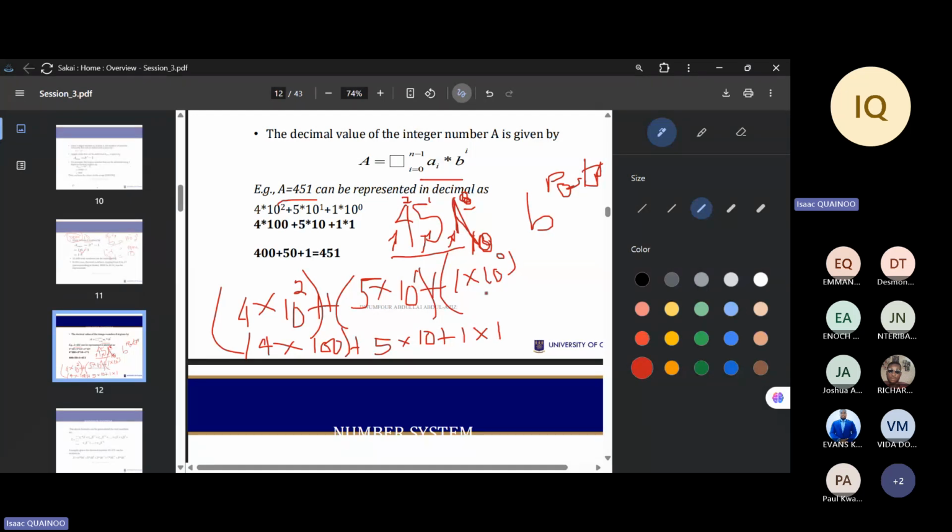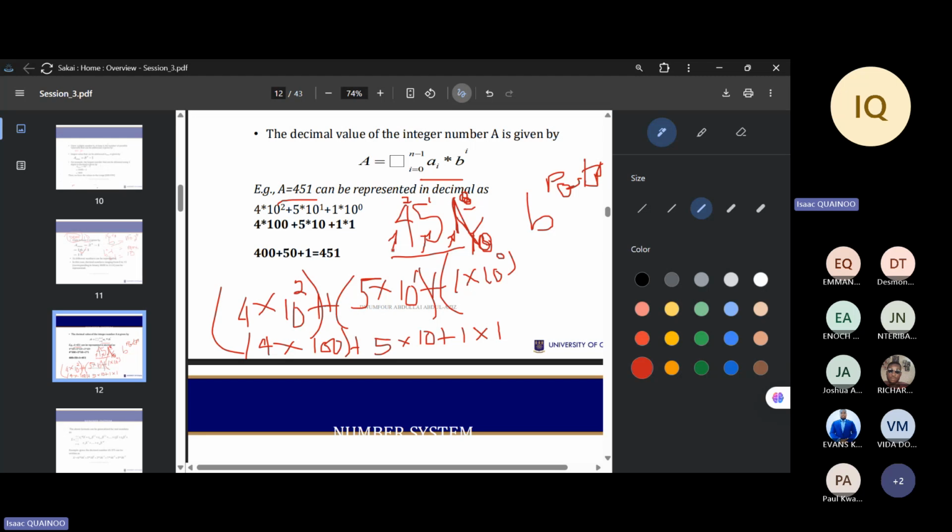We can see that the weights are the last number, which is at the least significant bit. Please, we are familiar with that terminology. The least significant bit is basically the number with the least weight, which is the rightmost number.